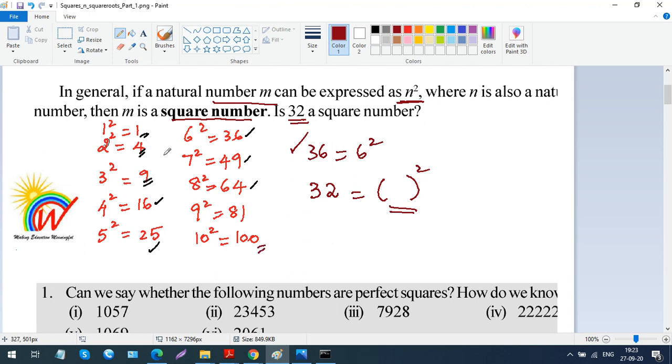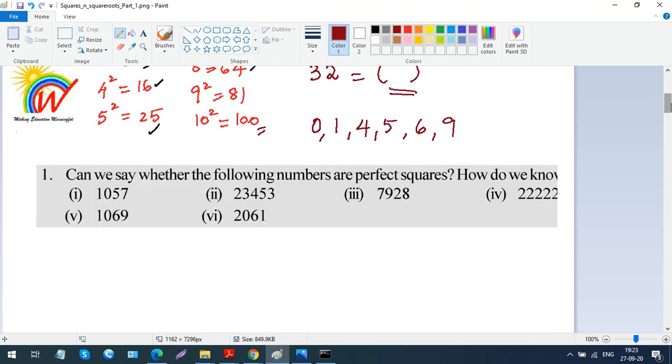So these are the only digits it should end with. If it ends with some other digit, we can say without checking that it is not a square number. Understood?